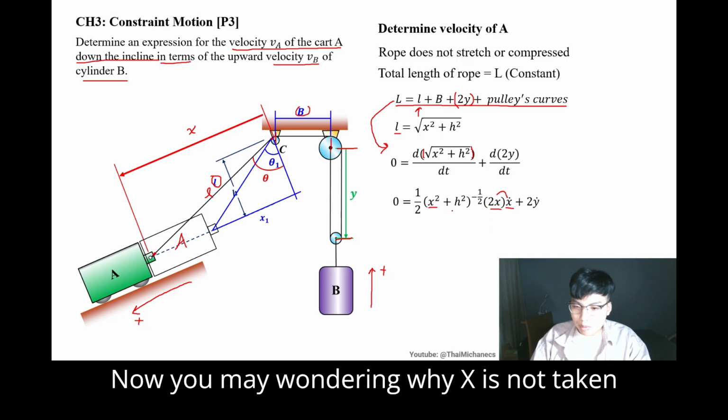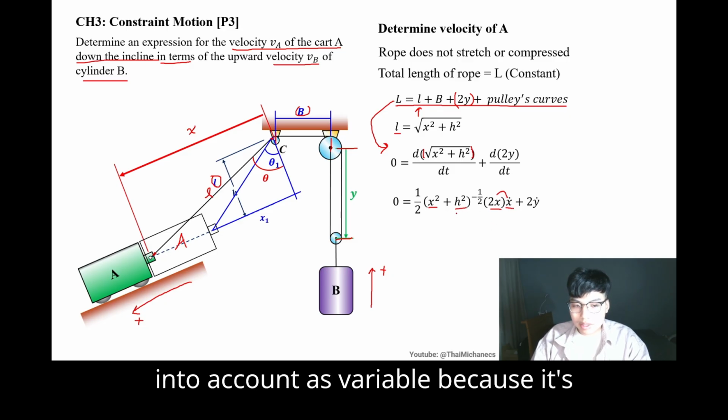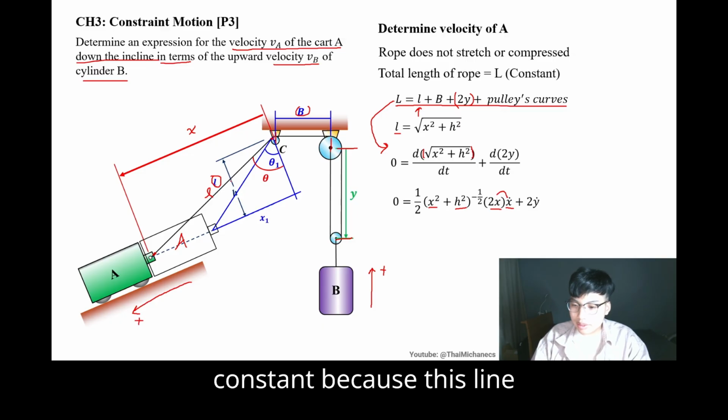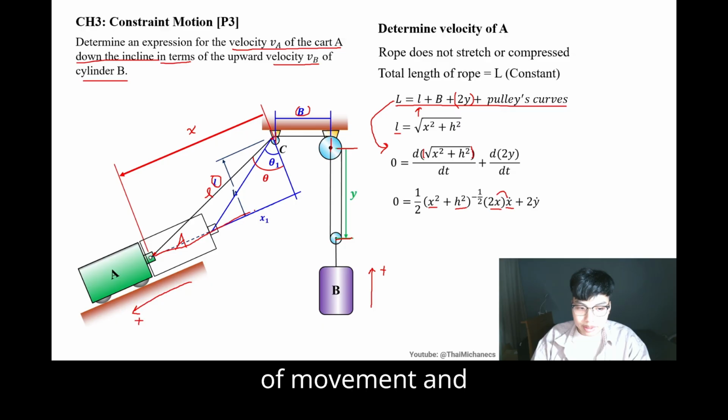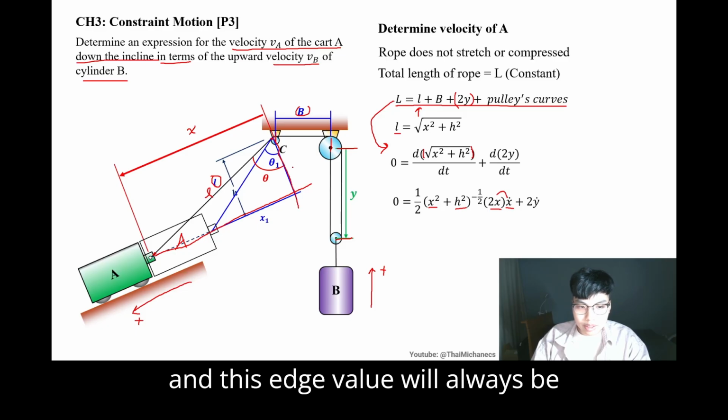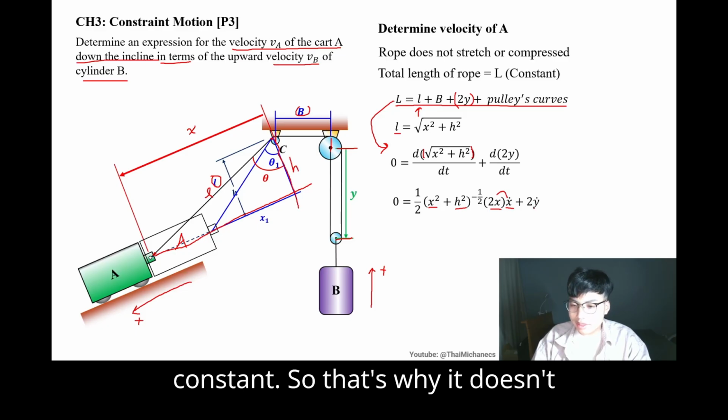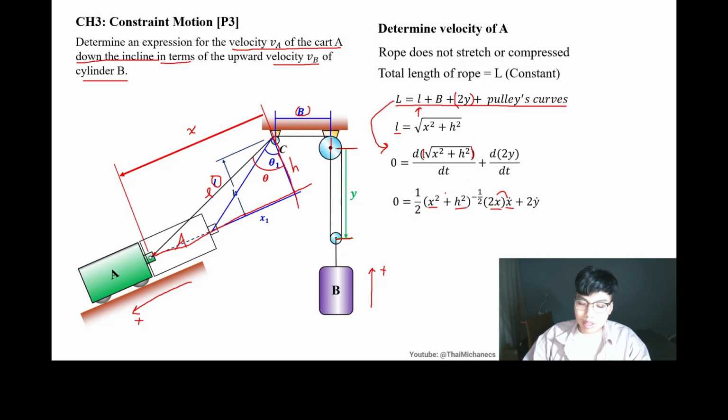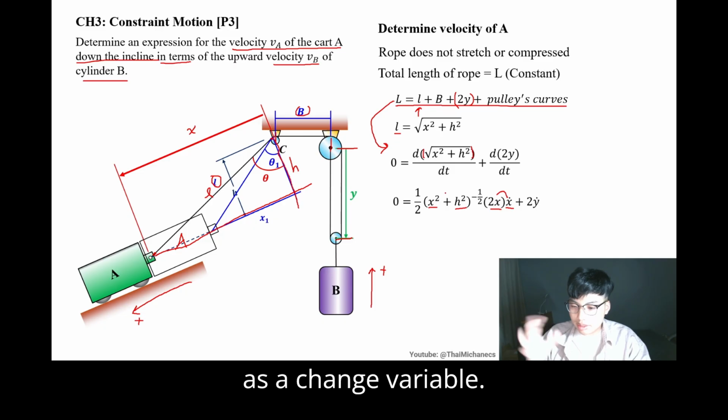Now you may be wondering why h is not taken into account as a variable. It's because it's constant: the line of movement and this pulley on this axis will intersect each other, so the h value will always be constant. That's why it doesn't count as a changing variable.